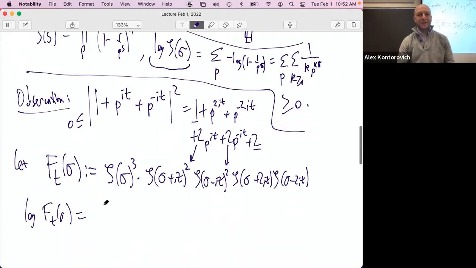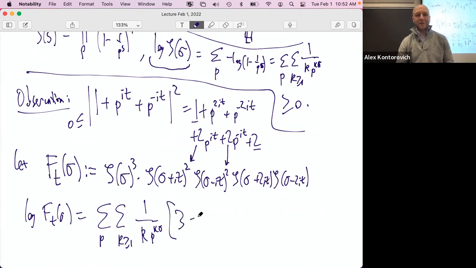So this is going to be a sum over the primes, a sum over k at least 1, of 1 over k, p to the k sigma times: the zeta cubed brings a factor of 3. This gives me 2p to the minus it. This gives me 2p to the it. This gives me p to the 2it. This gives me p to the minus 2it. Actually, I have these backwards, but whatever.